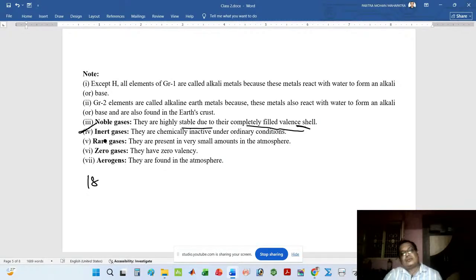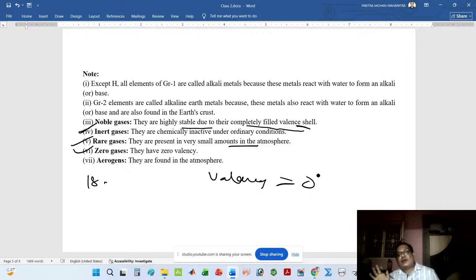Why are group 18 elements called rare gas? They are present in very small amounts in the atmosphere. Rare means few. They are found in small amounts, so they are called rare gas. Why are they said to be zero gas? They are also called zero gas because the valency is zero. They have no tendency to gain, no tendency to lose, no tendency to share.